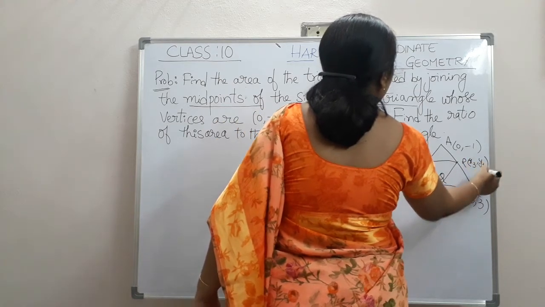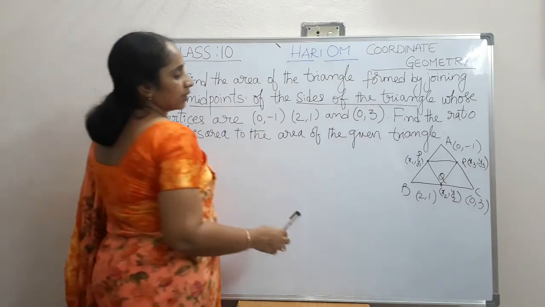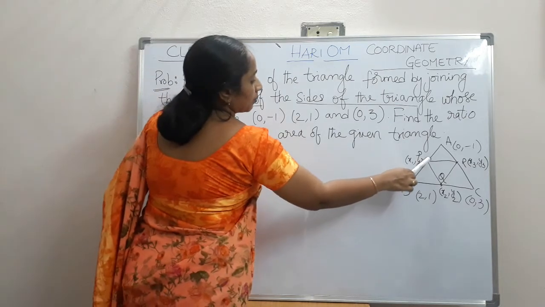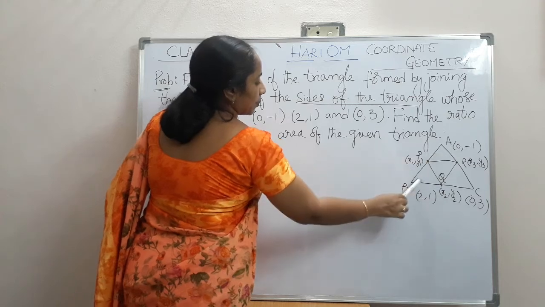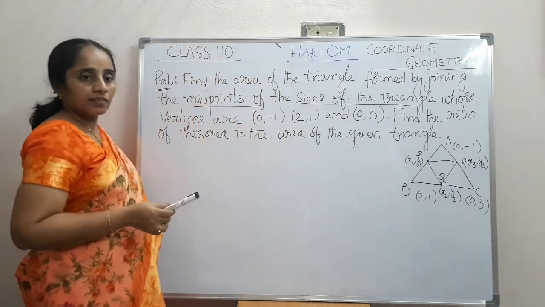Now, first we have to find the midpoints of AB, BC and AC.